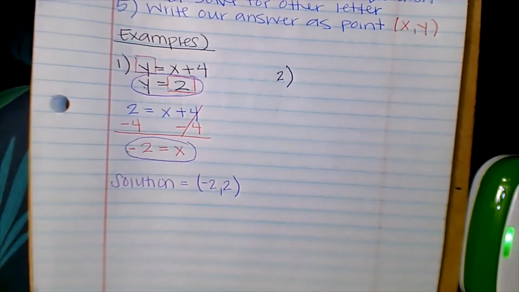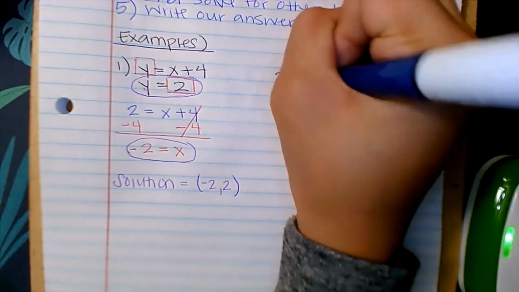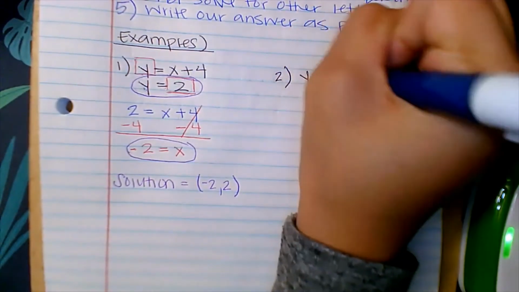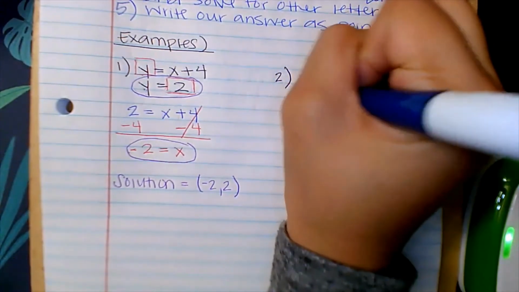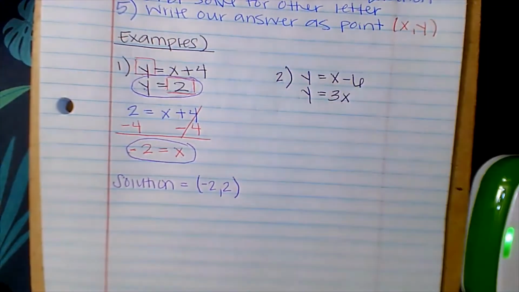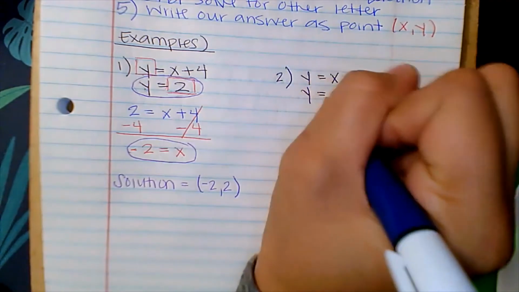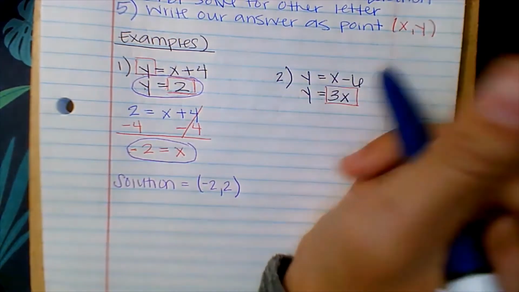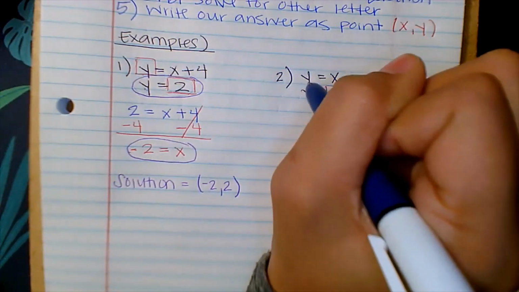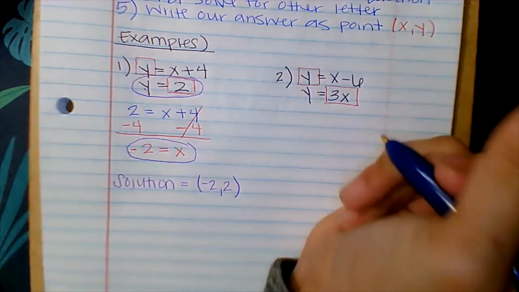So let's say this time we have the equations y is equal to x minus 6 and y is equal to 3x. Okay, well, let's go ahead and box and substitute. I know that y is equal to 3x, so I'm going to go ahead and box that. And I'm going to substitute that 3x for the first y value in my first equation.